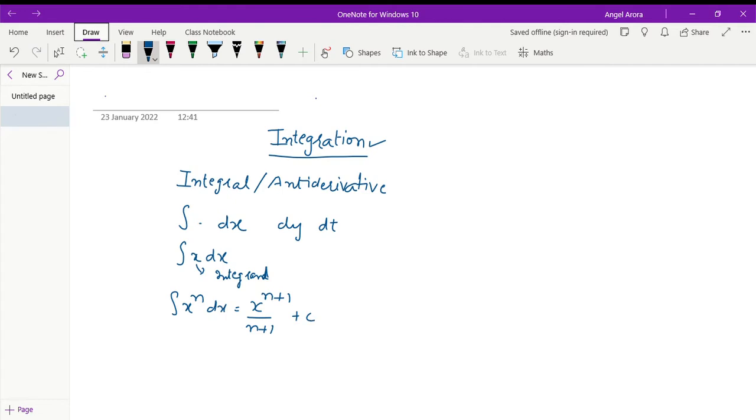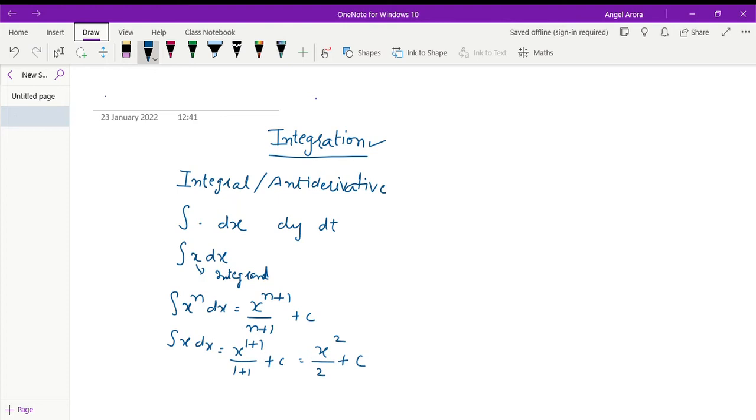So in this example of the integral of x dx, it will be x raised to 1 plus 1, because the power of x is 1 here, upon 1 plus 1, plus c. So it will be x raised to 2 upon 2 plus c.